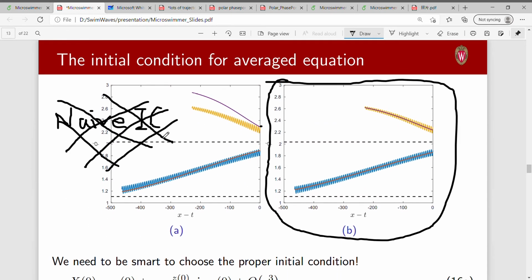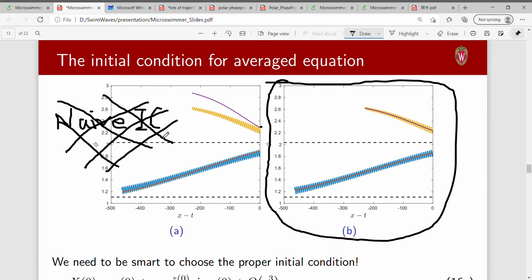So, after we find this averaged system, we want to predict whether our average system predicts the effect accurately, okay?